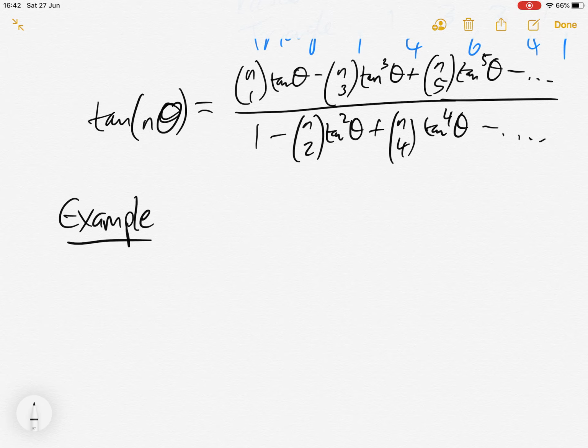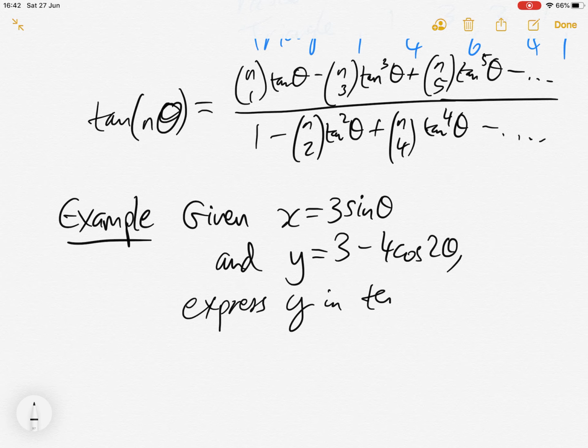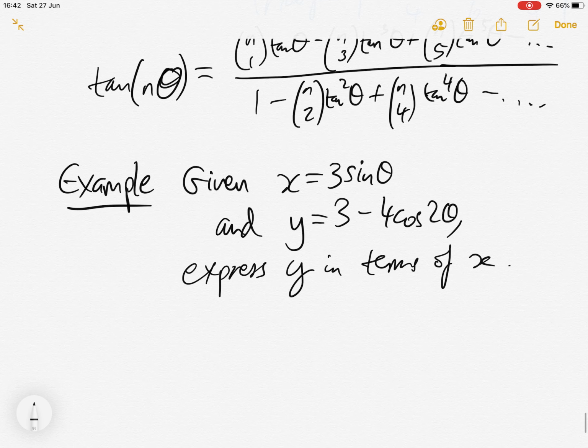So let's say, given x equals 3 sine theta and y equals 3 minus 4 cos 2 theta, the question is express y in terms of x. Okay, so this is really interesting.